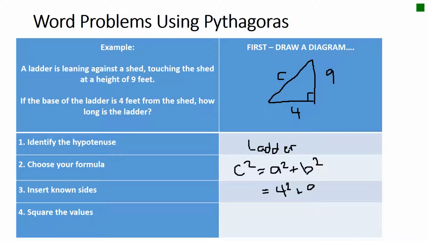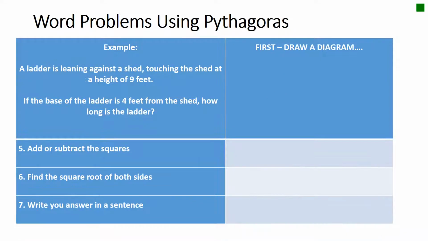We're going to square them, and we get 16 plus 81. And then we're going to add or subtract, but we're just adding because we're looking for the hypotenuse.